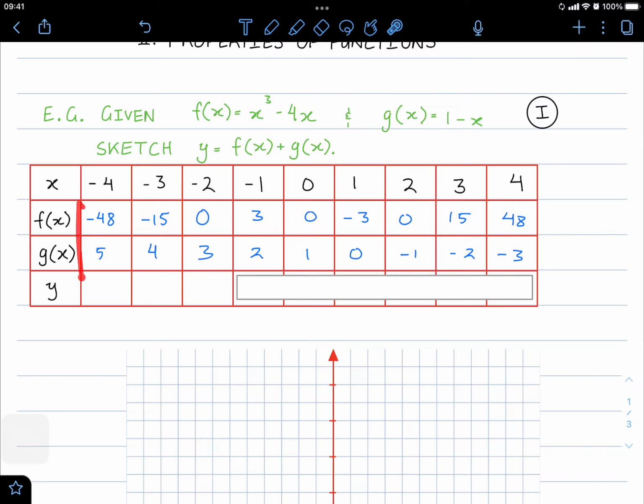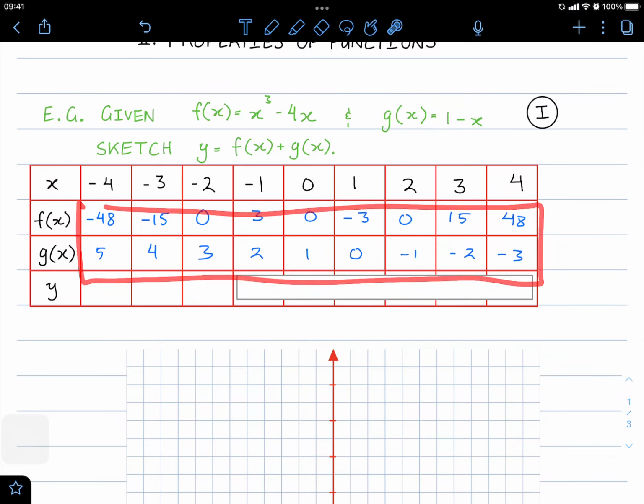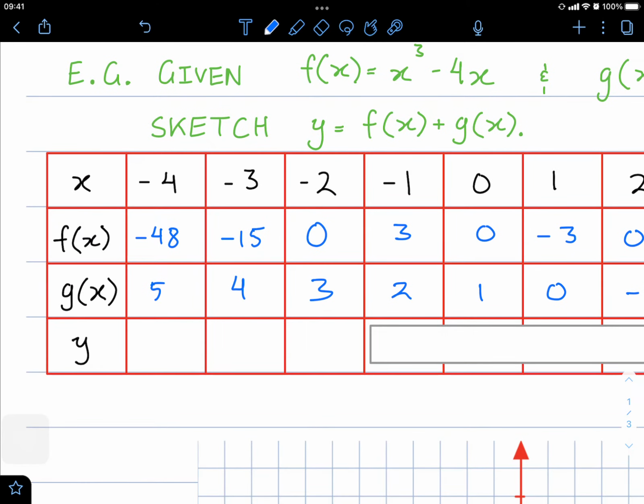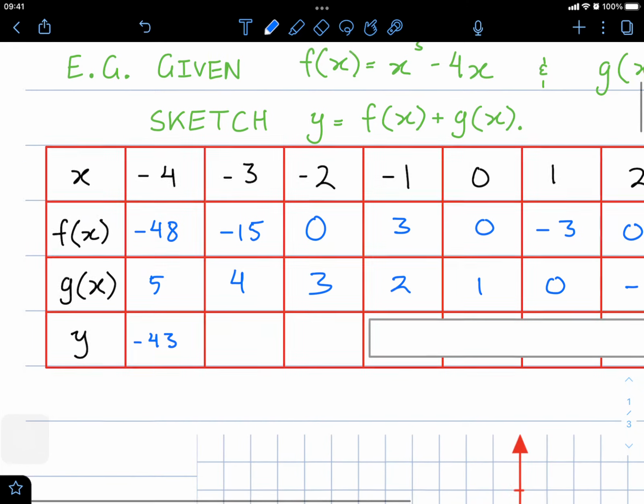Now, once you have your table of values for f and g, since we're trying to sketch y equals the sum of f and g, we literally just take the sum of each of the rows. So negative 48 plus 5 is negative 43.